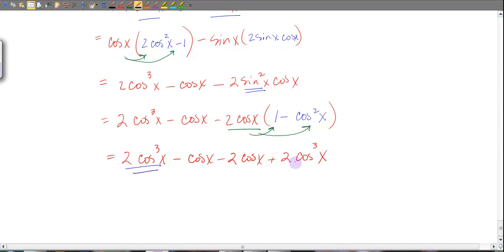I have a cosine cubed and a cosine cubed here, and I have a cosine x and a cosine x there, so those are, you can see from my lines, which are like terms. So I have a total of 4 cosine cubed x minus 3 cosine x. And there we go. I rewrote cosine 3x like this, so that this is now in terms of a single angle and not in terms of what we would maybe consider a triple angle.